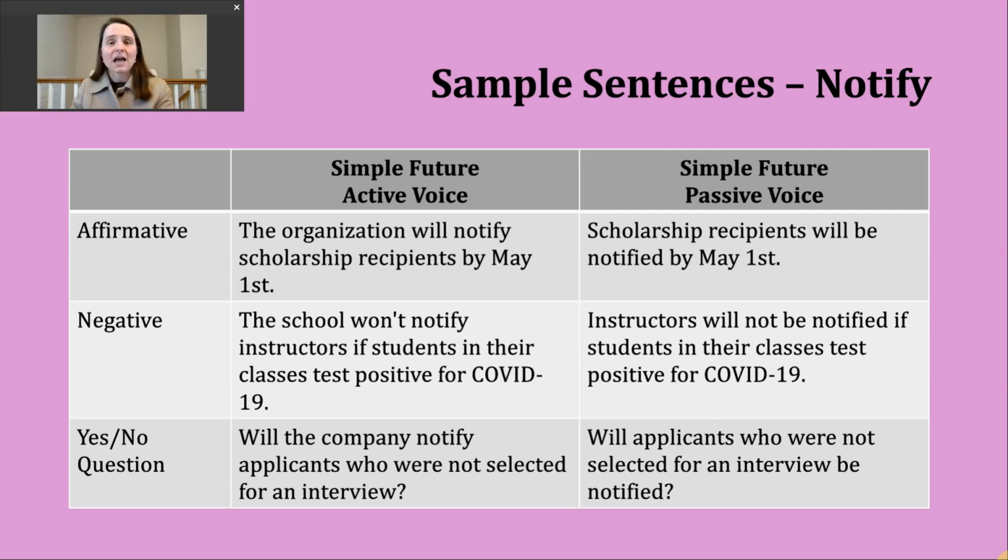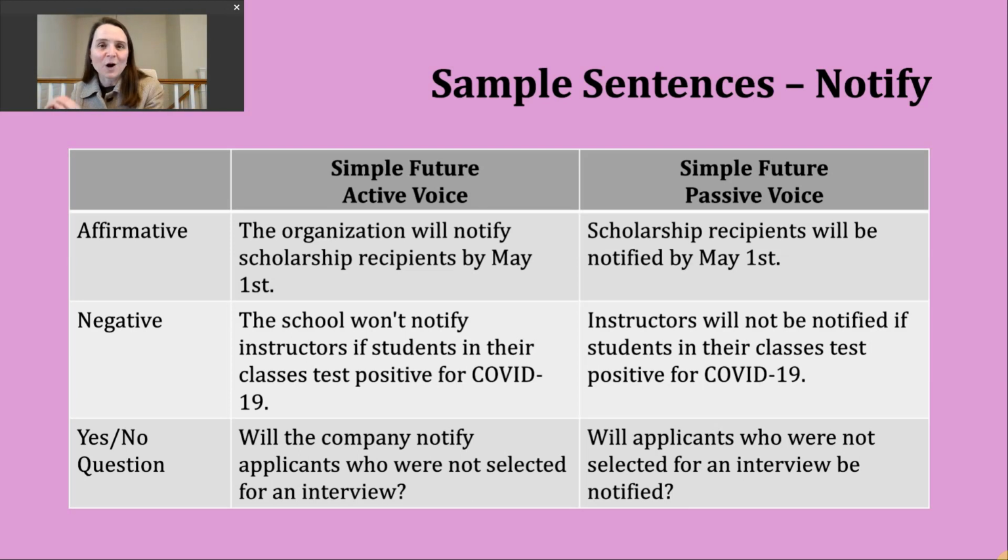In the passive voice, again, we'll start with will, and then we're noting the person or people who receive the action. Okay, so will applicants who were not selected for an interview be notified? Okay, so will, and then our object here is a little bit longer. Applicants who were not selected for an interview, that's the object.